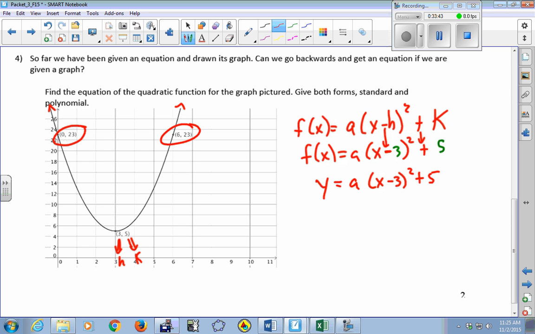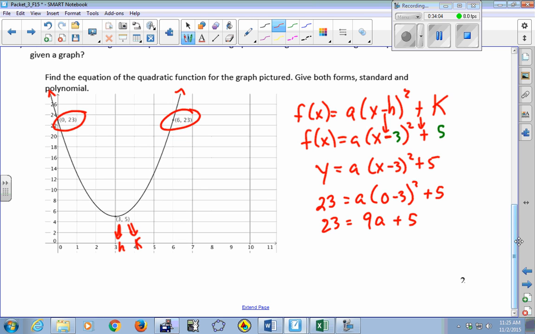It does not matter. So where I see x, I'm going to put a 0, and where I see y, I'm going to put a 23, and that's going to allow me to solve for A, which is going to make me very happy because then I have everything I need to write this equation for the parabola, this function. So 18, I subtract 5 from both sides, and A is equal to 2.